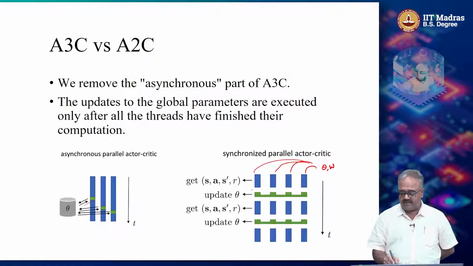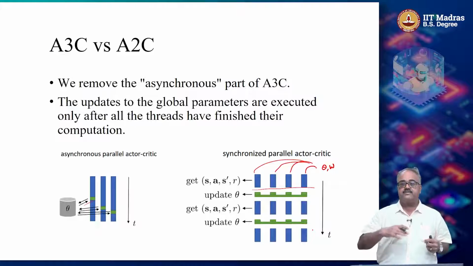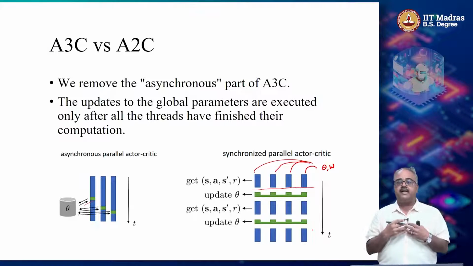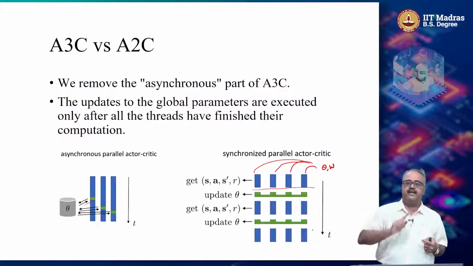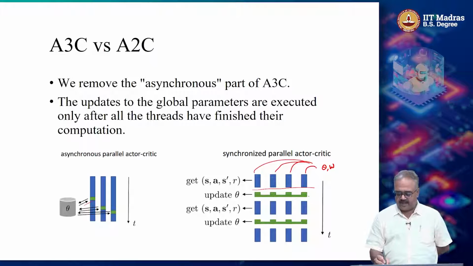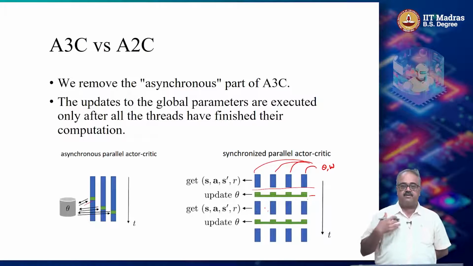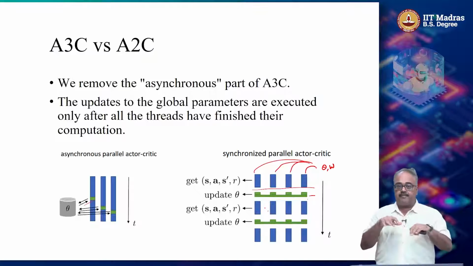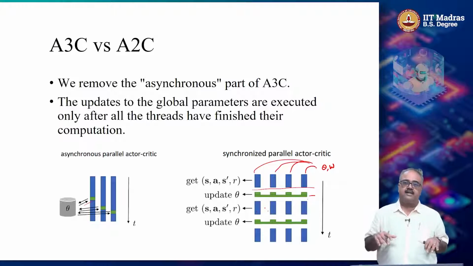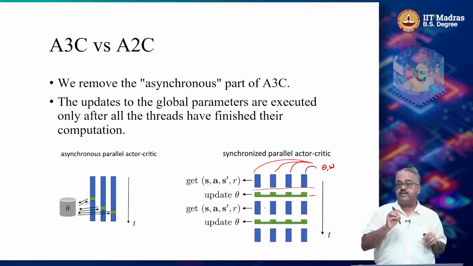You can see here, all of these threads are waiting for the other threads to finish. Once all the threads finish, the coordinator will get all the delta w's and delta thetas from these threads, combine everything and make one update to theta and w. Then you copy it back to the threads and have them run again. So you get the advantage of running things in parallel, so you can generate more experience, but then you stop things and make sure that the updates are synchronized, so that the gradients you are computing are the true gradients of the weights.